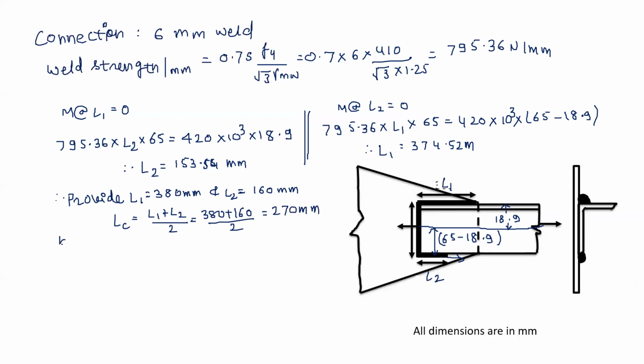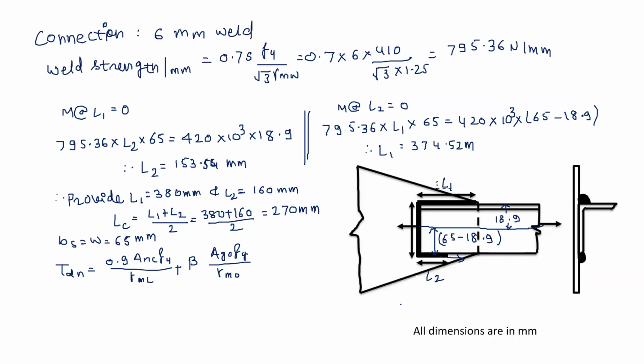Then we have BS equal to W, which is equal to 65 millimeters because we have welded connection. And then we can find TDN equal to 0.9 ANC FU upon gamma ml plus beta AGO Fy upon gamma m.